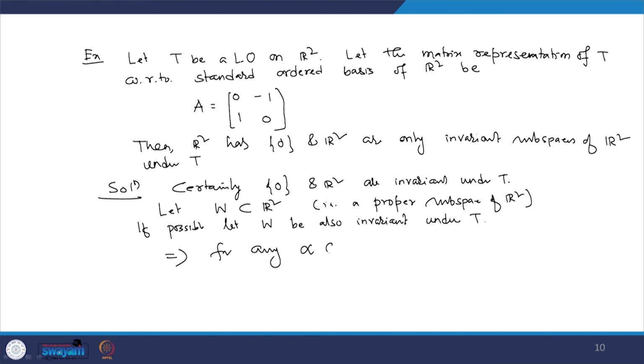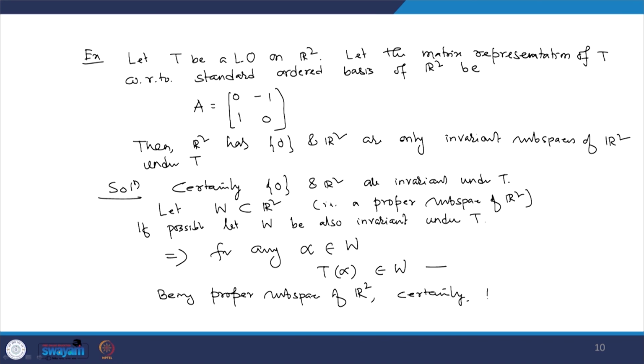any alpha belonging to W, T alpha will belong to W again. Being a proper subspace of R2, certainly W has to be a one dimensional subspace. Certainly dimension of W equal to 1.